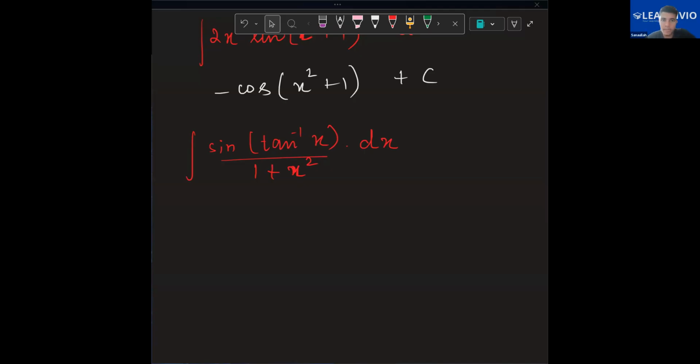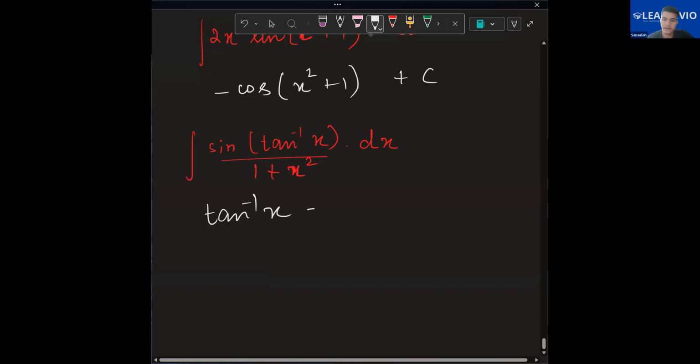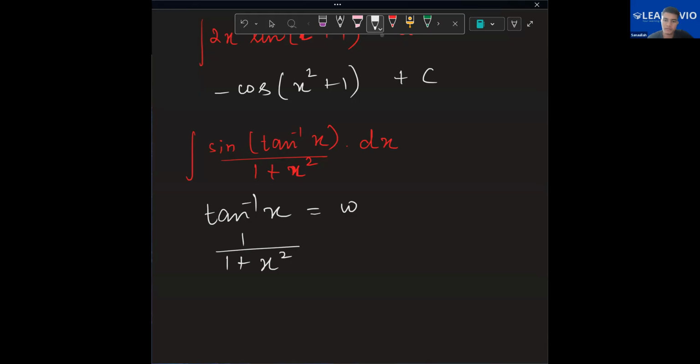We will substitute tan inverse x as any, you can put like p, or you can take this as, let's suppose, w, है ना? तो tan inverse x को मैंने w मान लिया, tan inverse of x इसको मैं इंटीग्रल करूंगा, सॉरी डेरिवेट करूंगा. दिस इज 1 upon 1 plus x square और dx or dw.